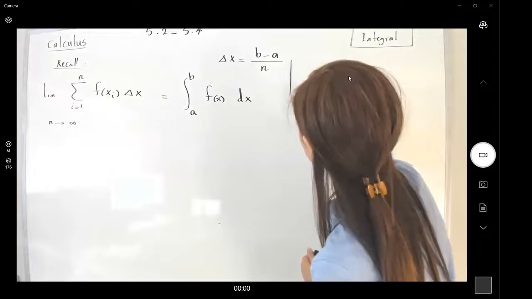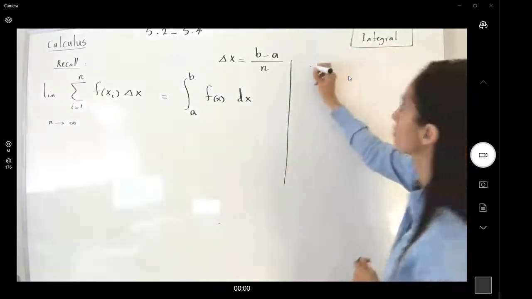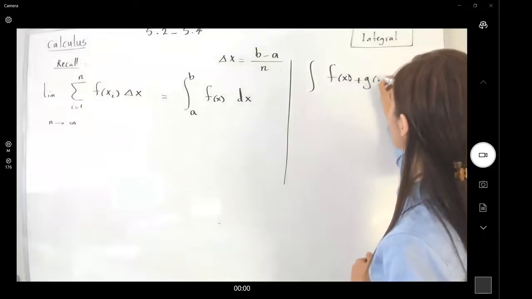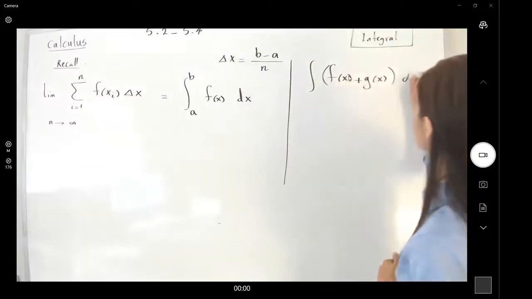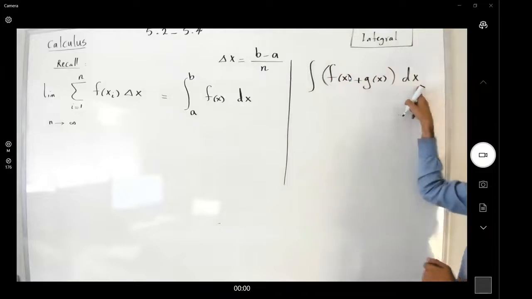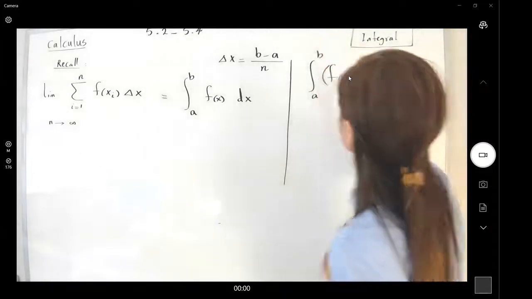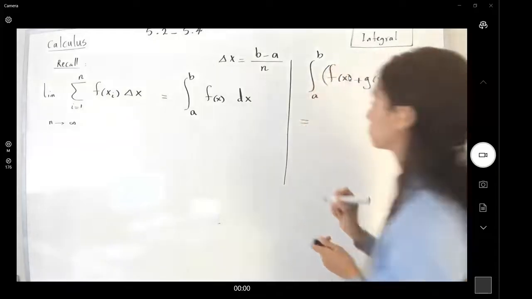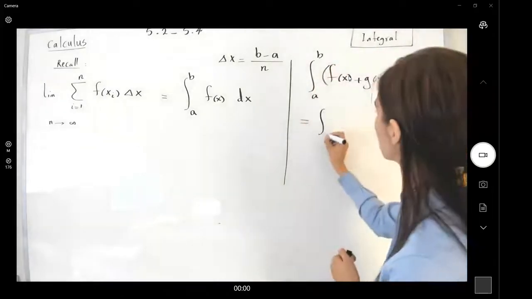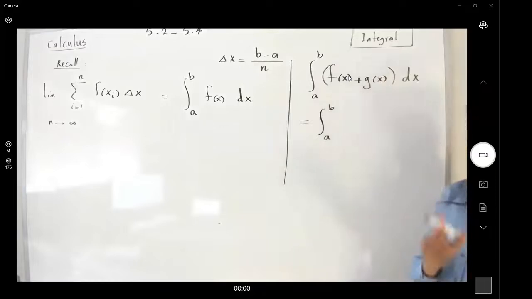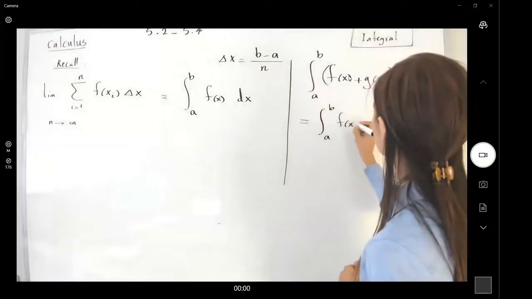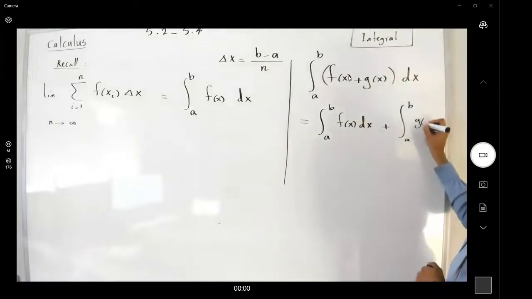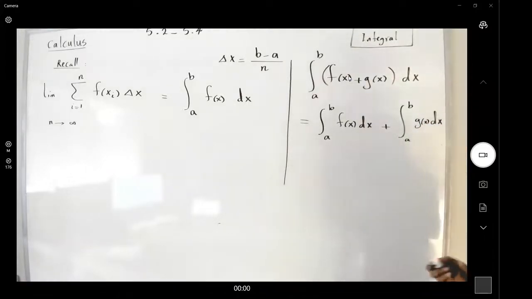if we have some properties, if we have the integral of f of x plus g of x with respect to variable x, denoted by dx, from a to b, remember that we call it the definite integral. We can just split these into separate sums, the integral from a to b of f of x dx plus the integral from a to b of g of x dx.